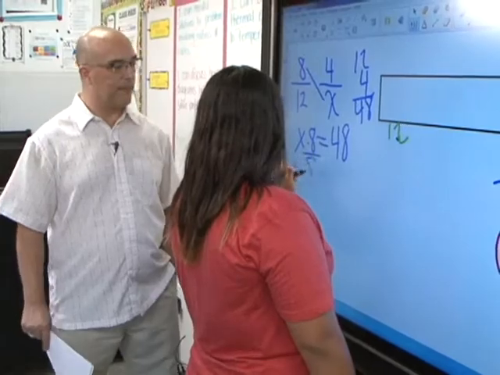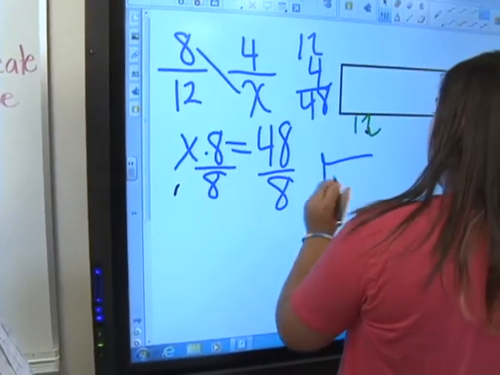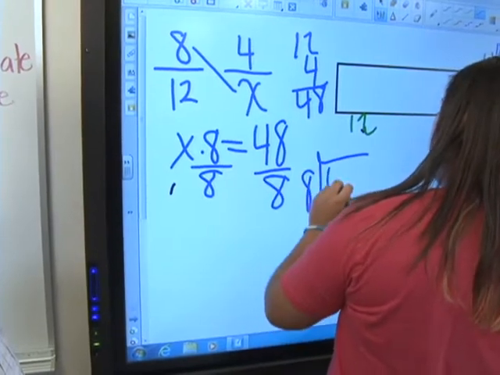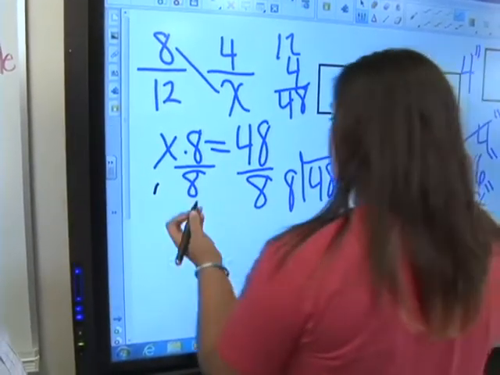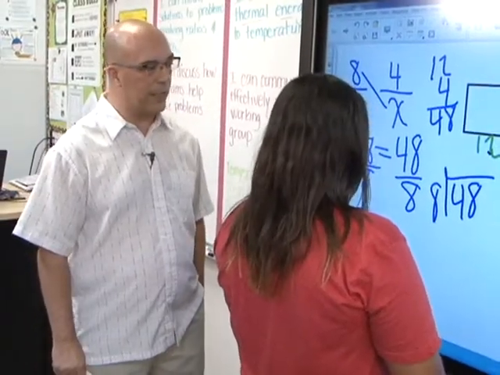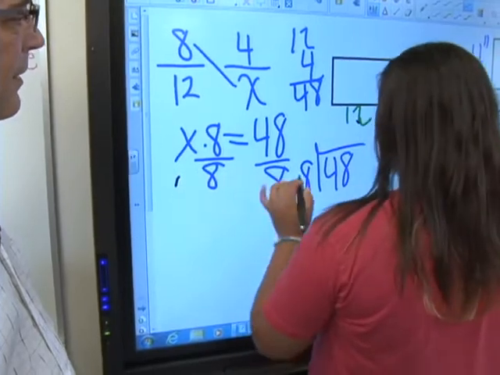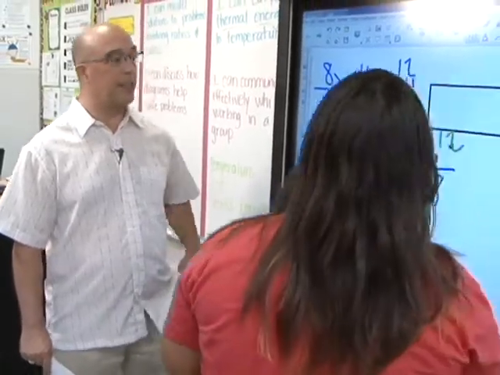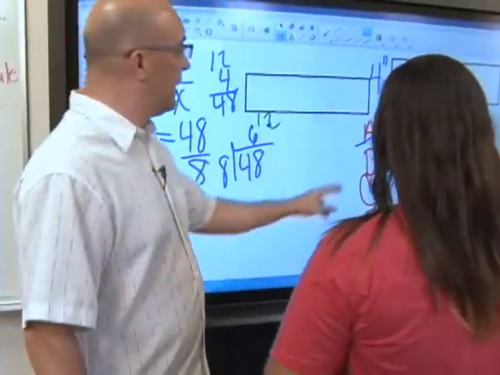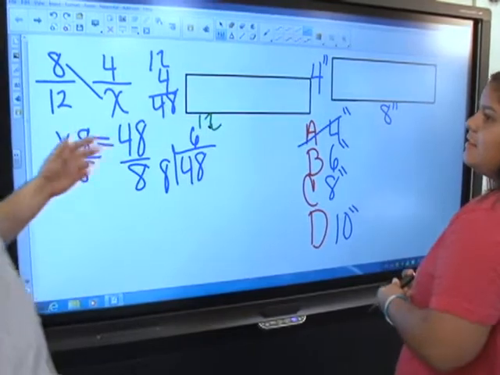Perfect. So 8 times what is 48? 6. All right. So if 8 is to 12, 4 is to 6.